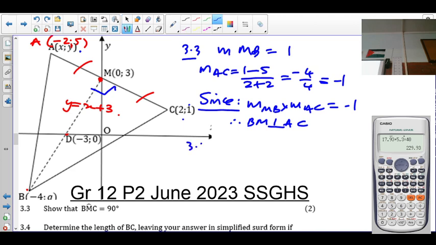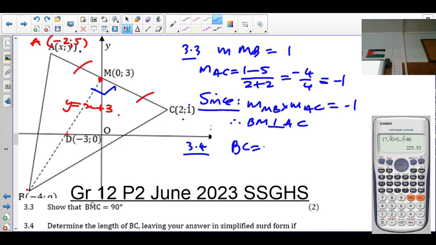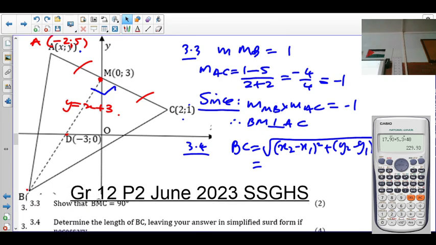In 3.4, the question says determine the length of BC. Leave your answer in surd form if necessary. For the length of BC, I'm going to use the distance formula: the square root of x2 minus x1 squared plus y2 minus y1 squared. It's 4 marks.